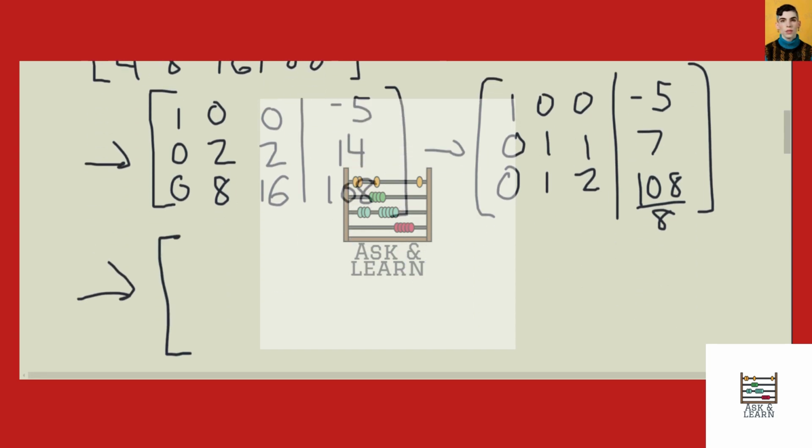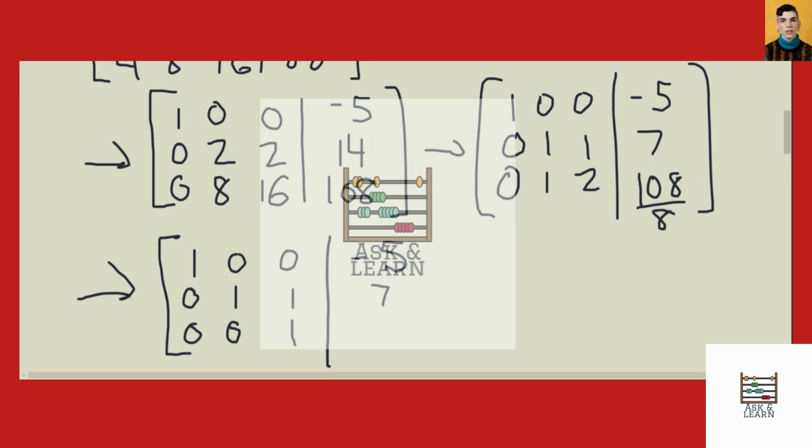And so we have 1 0 0 negative 5, 0 1 1 7, and then we'll subtract row 2 from row 3: 1 minus 1 is 0, 2 minus 1 is 1, and we have 108 over 8 minus 7.